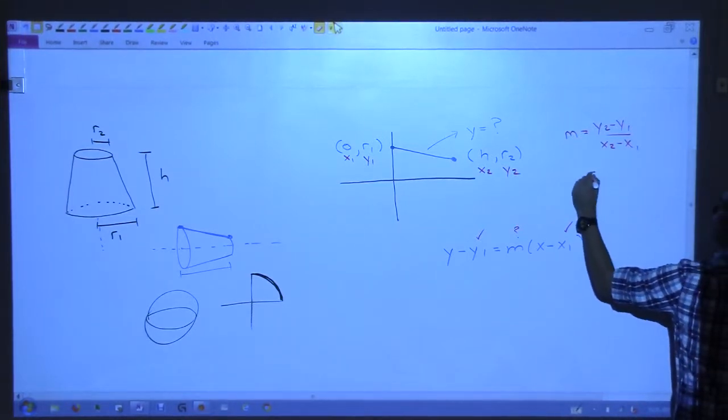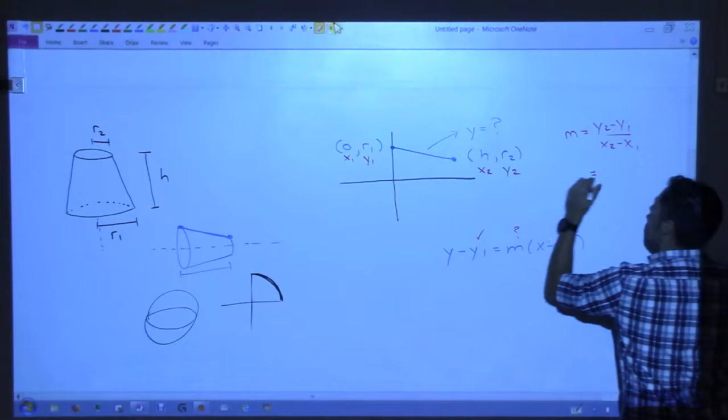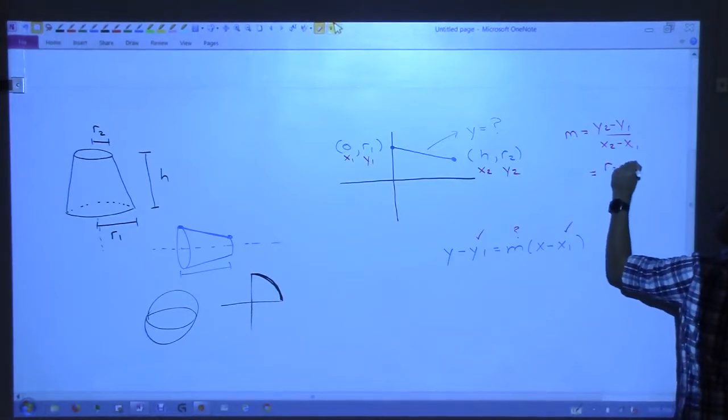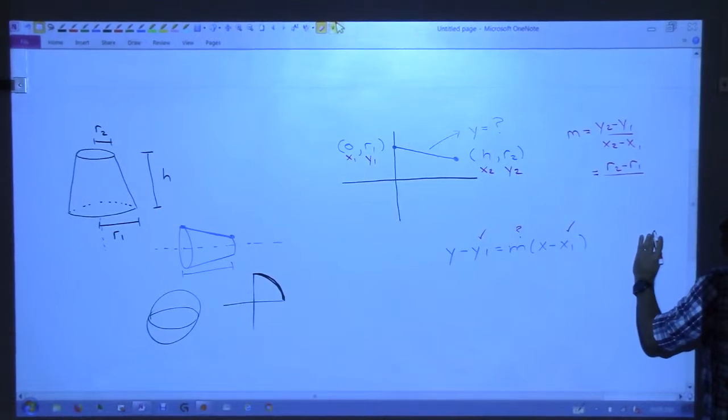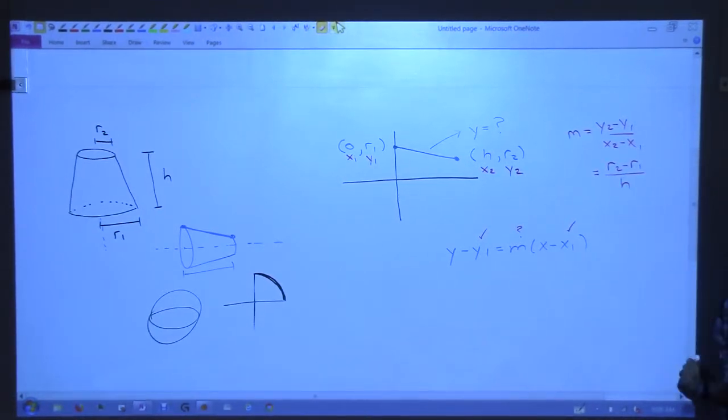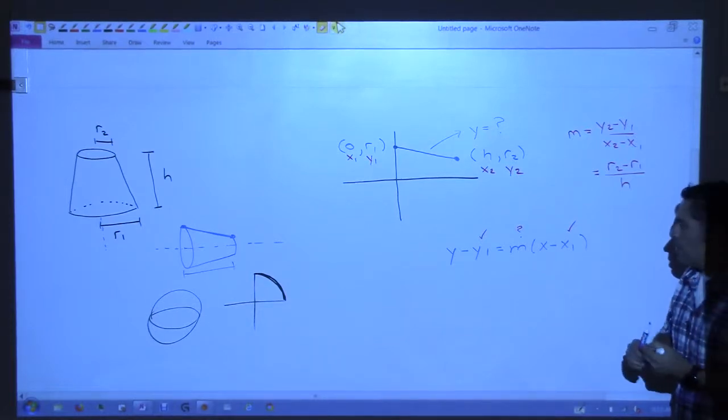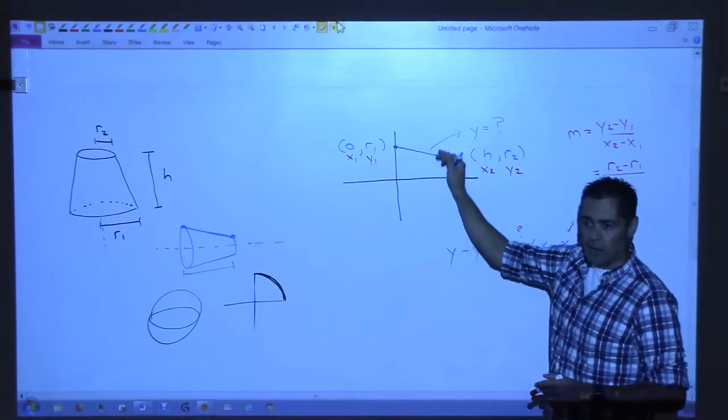Our slope is r2 minus r1 over h minus 0, so that's just h, right? That's our slope. Now remember, r1, r2, and h are all constants, those are all fixed numbers. The only thing that's variable in here is the x and the y coordinate, right?